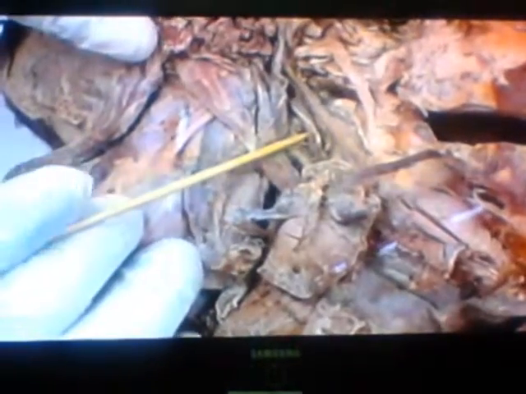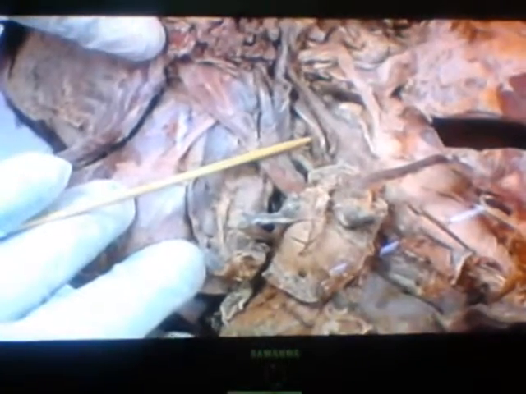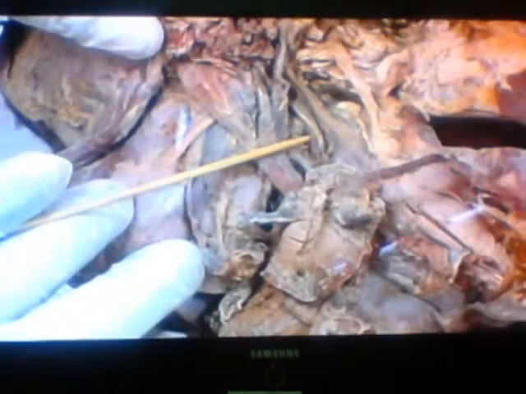The tractus solitarius. It will also have some fibers in there that will cause the glands in the mucosal area to get wet when you smell real nice tasting food. The inferior salivatory nucleus. So all of that is coming down in this little nerve. Glossopharyngeal is a nerve with a rich heritage.